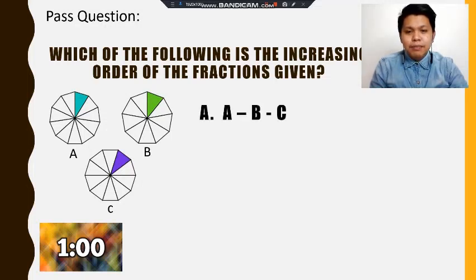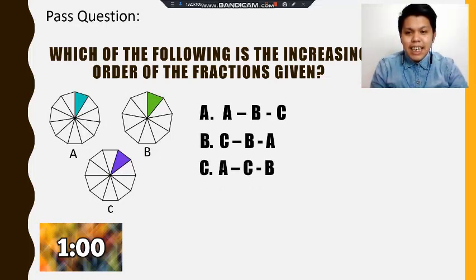Is it A, B, C, B, C, B, A, C, A, C, B, or D, B, A, C?